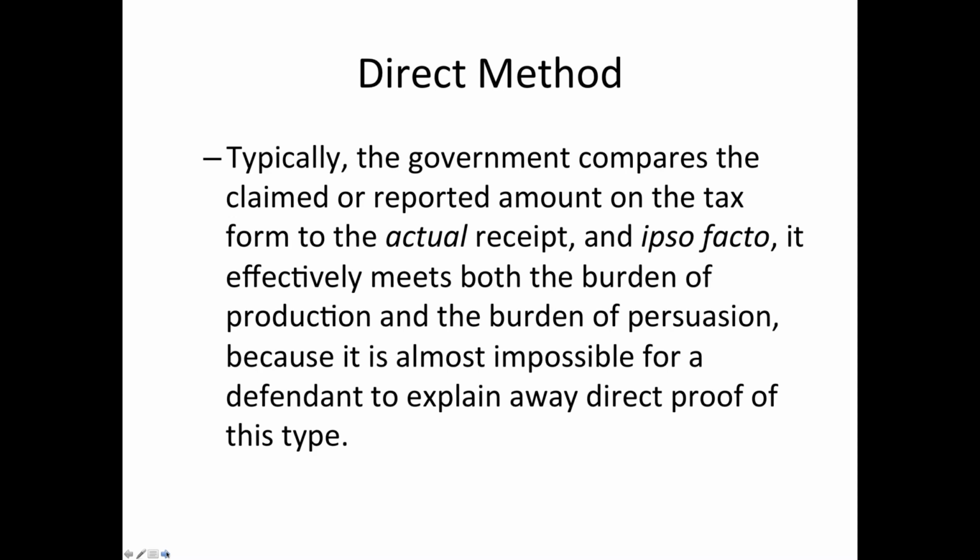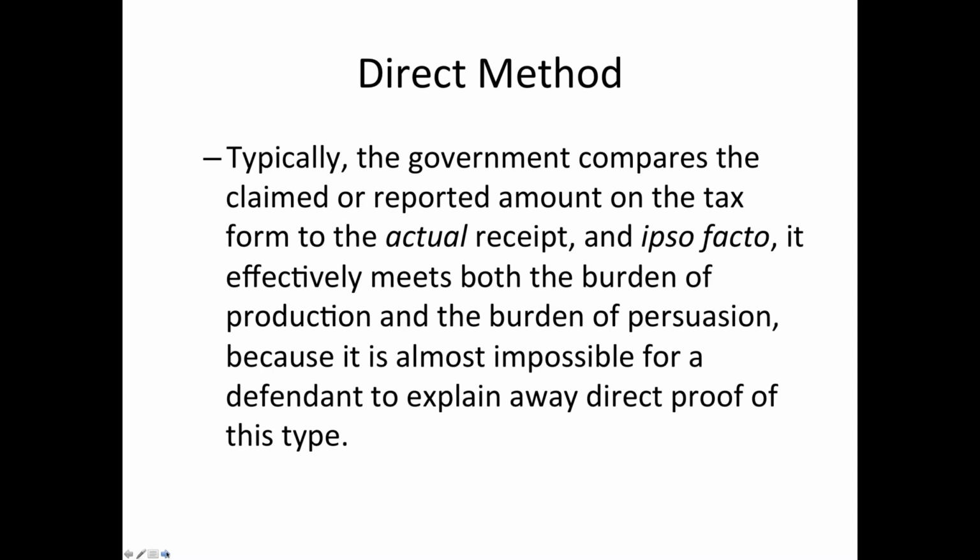So the direct method is hands down the method that the government likes to use the most. For the reasons that are here, they can literally put the tax return on the projector and blow it up to be 100 times its original size and show the amount that was self-reported by the taxpayer.